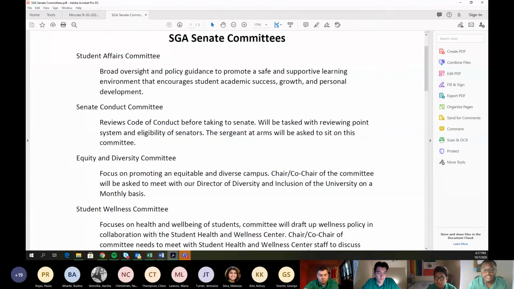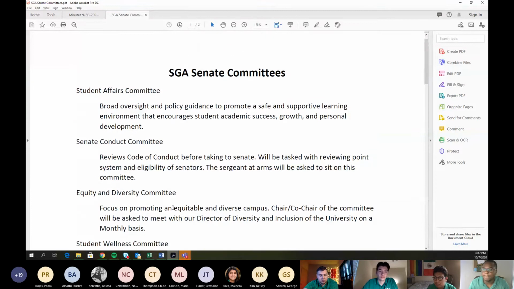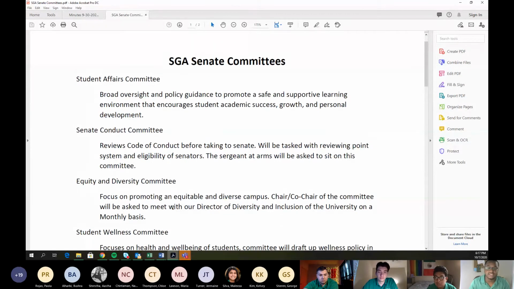So if you have any questions you're stumbling on, definitely let me know so I can help you or point you in the right direction. But that's the main goal of the committees: to increase involvement within Senate, but also to increase the legislation that we're pushing out to the student body. Are there any questions about the focus of committees?